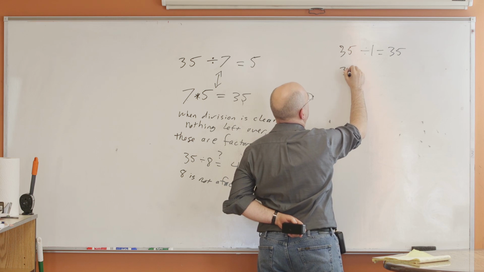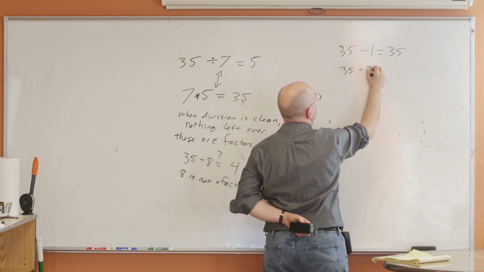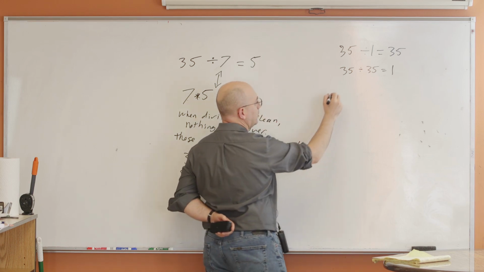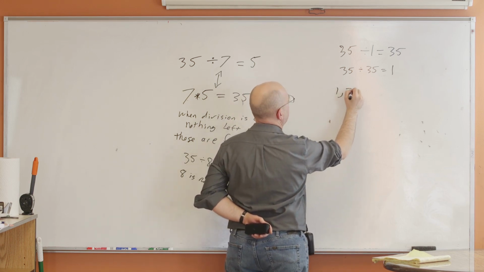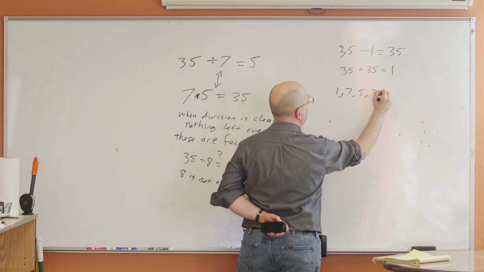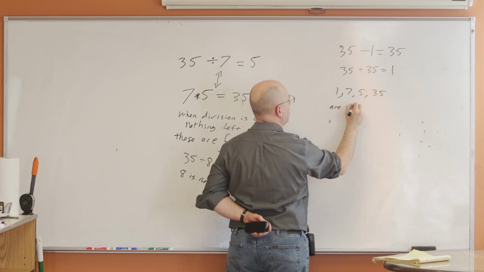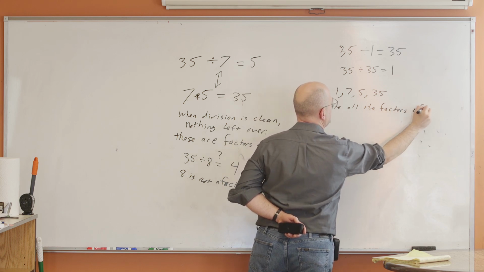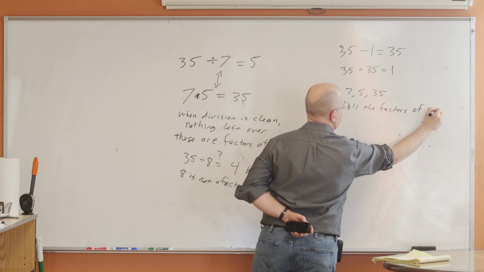And 35 divided by 35 equals 1. So 1, 7, 5, and 35 are all the factors of 35.